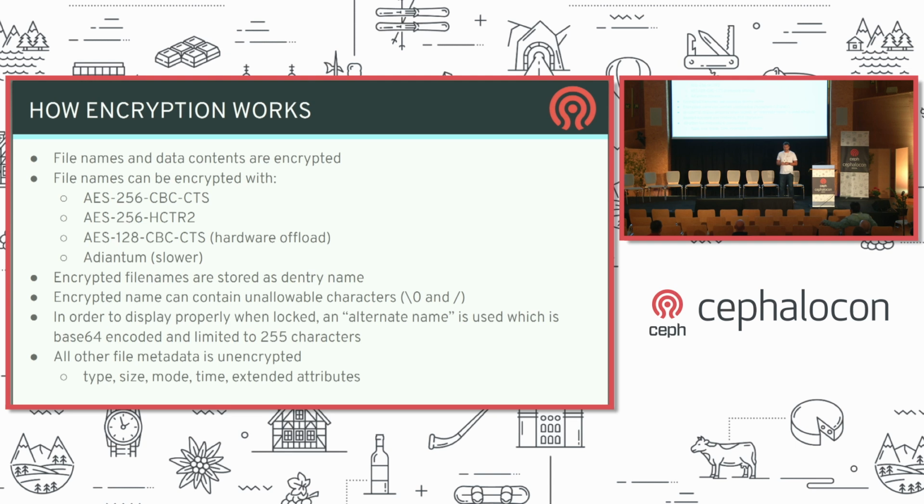So in order to display it properly, alternate names are used, which is a base64-encoded name that's only allowable up to 255 characters. And then the other metadata that's present, type, size, mode, xattrs, are all unencrypted.